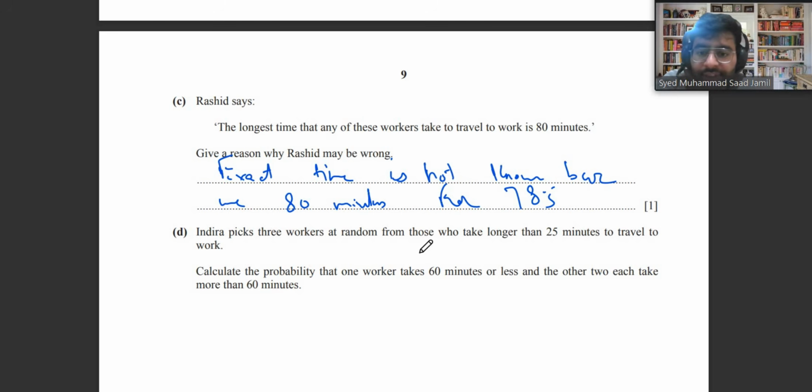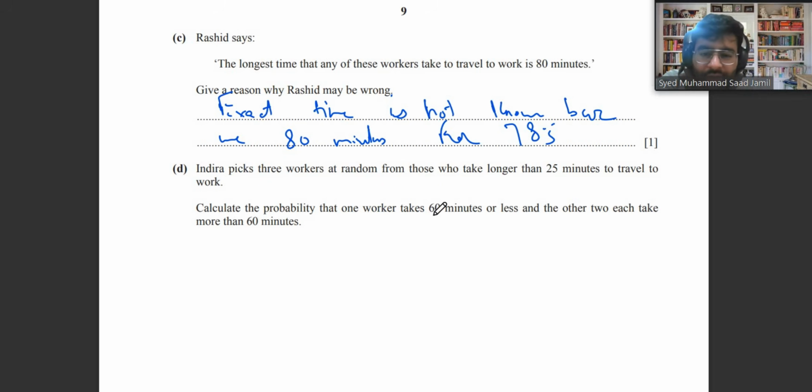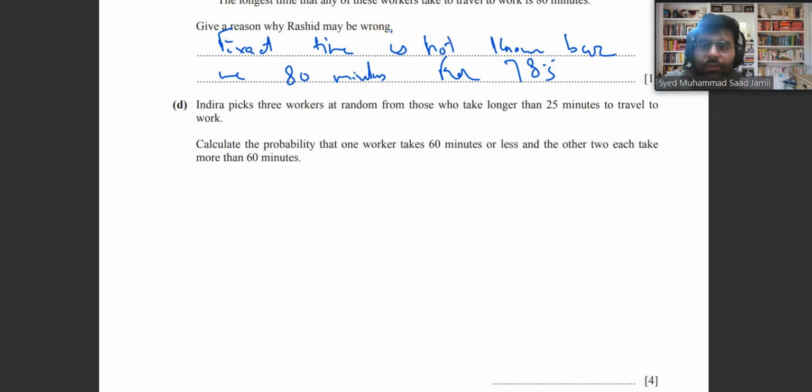Now the question says, Indra picks 3 workers at random from those who take longer than 25 minutes to travel to work. Calculate the probability that one worker takes 60 minutes or less and the other 2 take more than 60 minutes. Now look, most of you won't even be able to understand what the question means. So basically it says, calculate the probability that one worker takes 60 minutes or less and the other two each take more than 60 minutes.